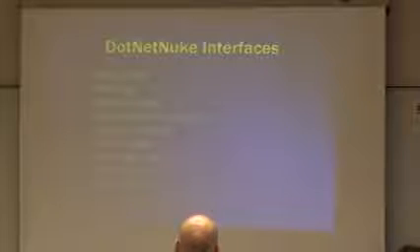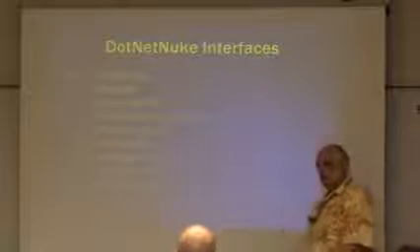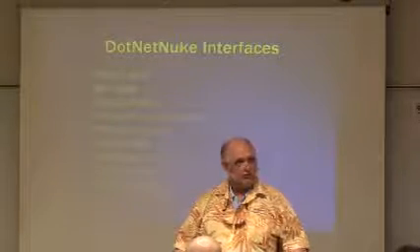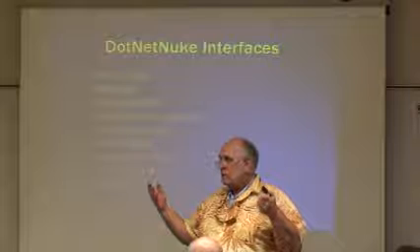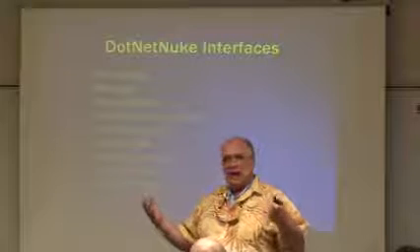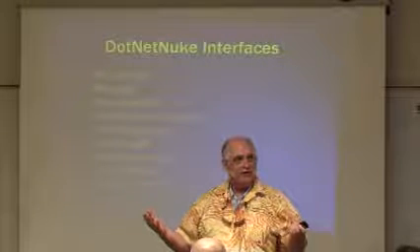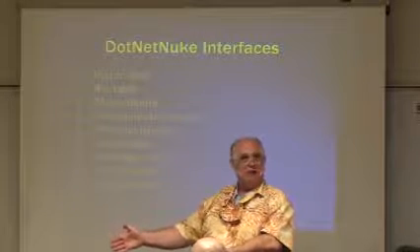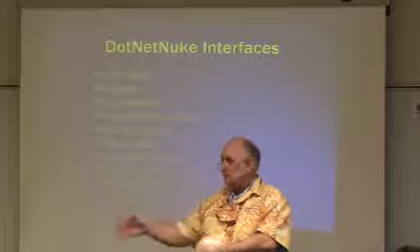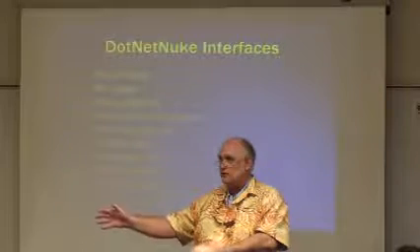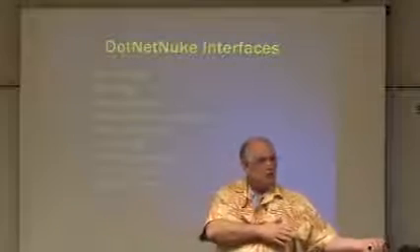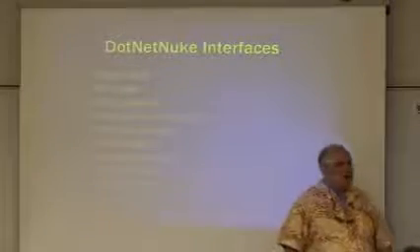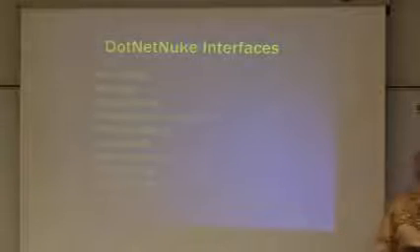If I create a module and I implement ISearchable in my object source, then when .NET says, hey, I need to run my search routine, it says, wait a minute, this guy is searchable. I can call my functions on him. And your search functions are then used, and it works with the .NET core. So it's kind of a communication between the two. It's another contract. It's a type of API.